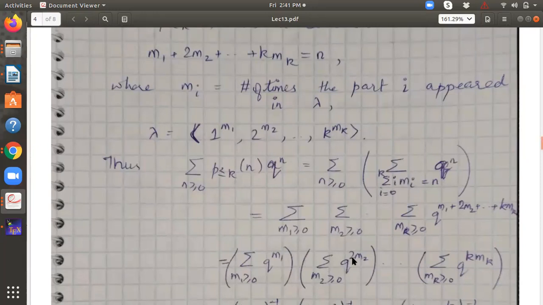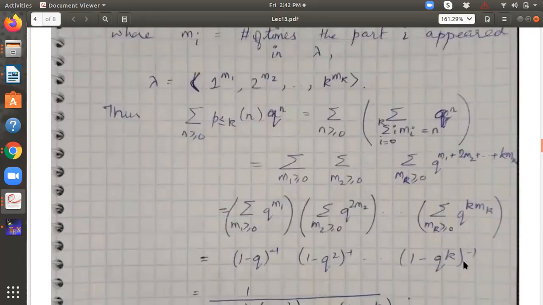Similarly, what is going to be 1 plus q square plus q4 plus q6 and so on? 1 by 1 minus q square. And so on. Similarly, this is going to be 1 by 1 minus q raised to k, right?